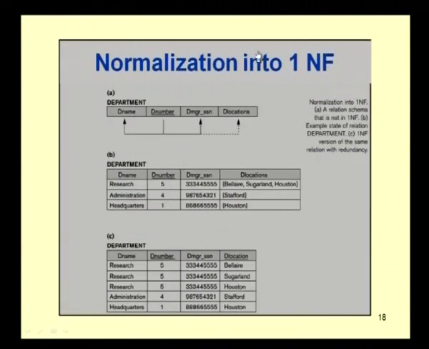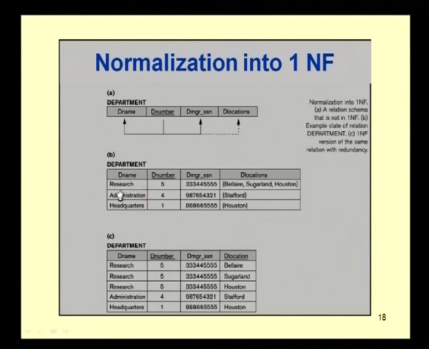This leads to encoding of information in the application program rather than in the database. Let us look at this example. Here you have department name, department number, department manager SSN and department locations. The problem is that this schema has been populated with instances. The research department number is 5, the department manager SSN is something, but the locations are in 3 places. This is a multi-valued attribute.